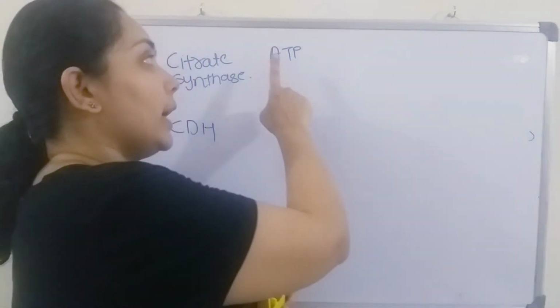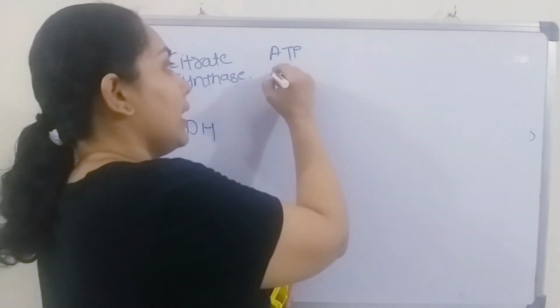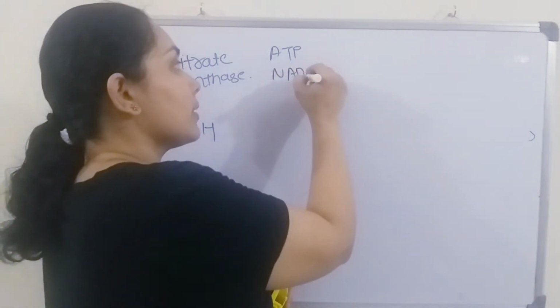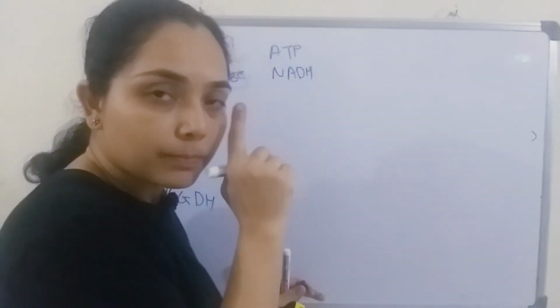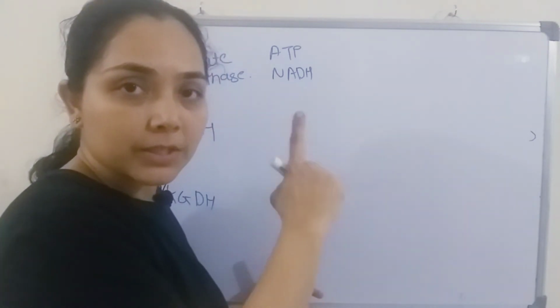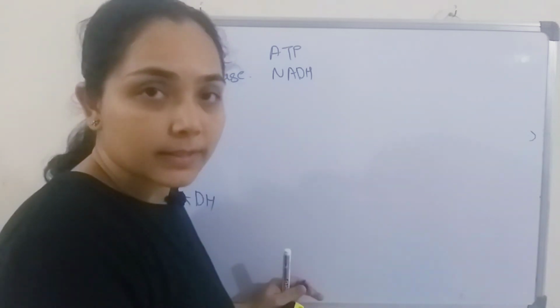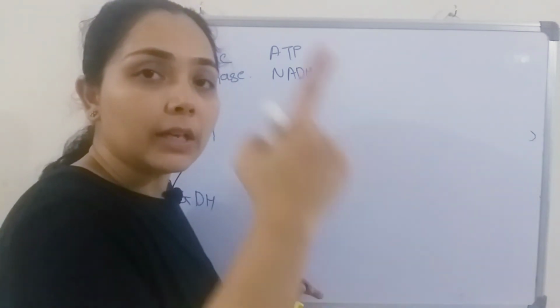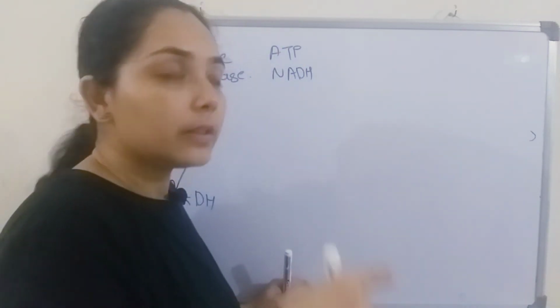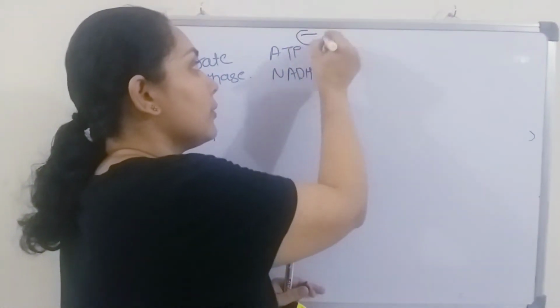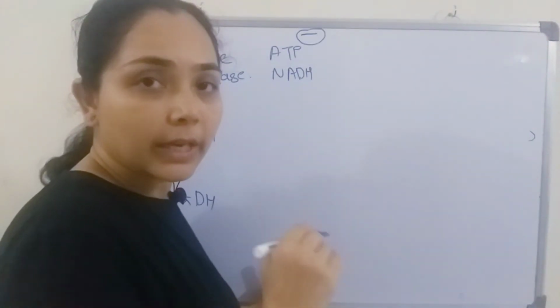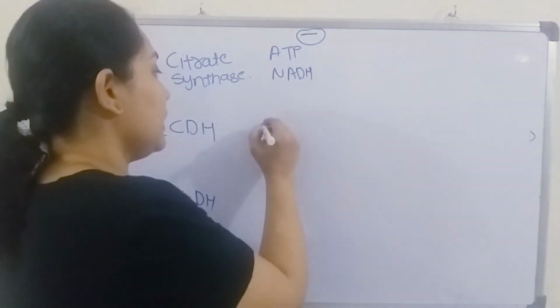So ATP and NADH, if these substances are present in a large amount, that means the energy status of the cell is high. So we need less of the Krebs cycle, that means these are negative regulators.